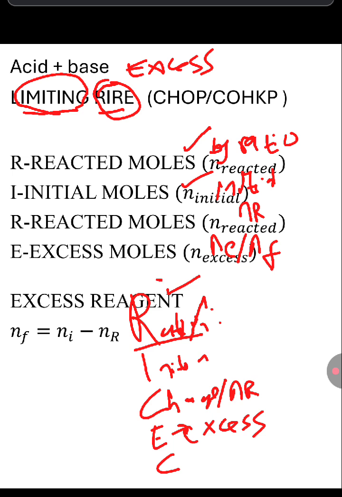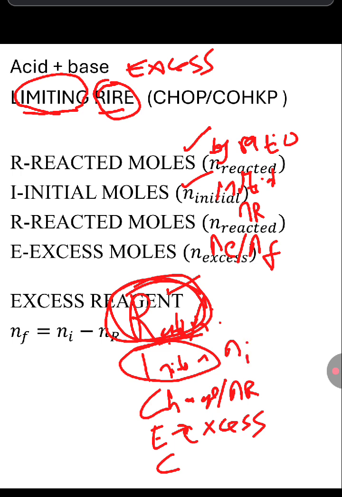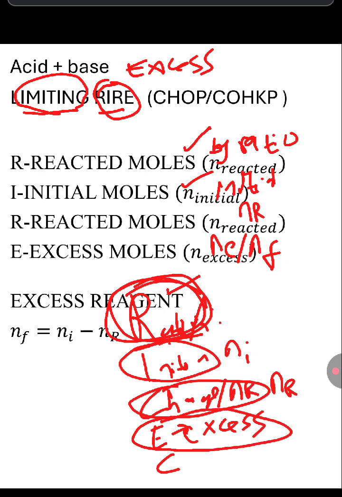So I'm going to use ratio here to get the reacted moles. Then these ones will be the initial number of moles, Ni. This will be the reacted number of moles, which is still the same thing as the RICE table in Kc. And then E in this case remains excess number of moles, but in Kc it means equilibrium.